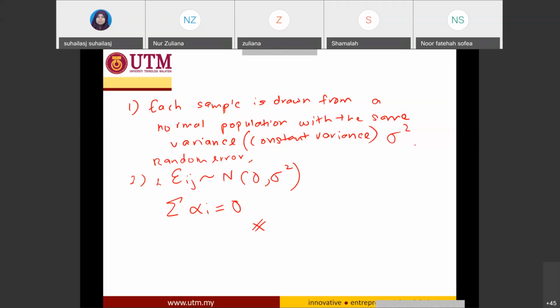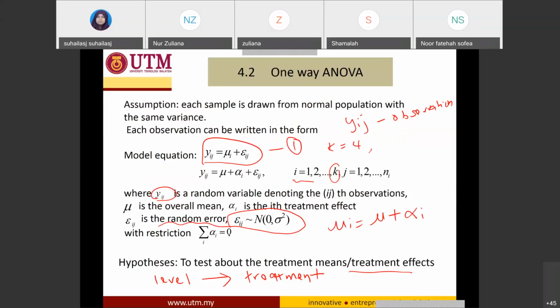Alpha I is your treatment effect. In the notes it is already there, just simplified. So that is your assumption for the ANOVA model.